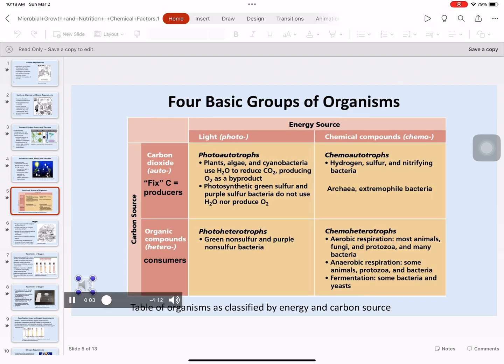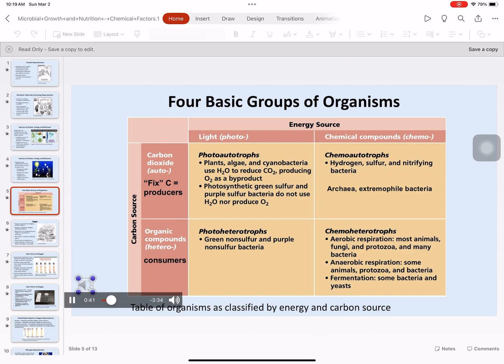This brings us to the four basic groups of organisms based on their carbon dioxide source and their energy source. So on the left side of our table, we have those that can fix carbon, that have carbon dioxide as their carbon source. Those would be autotrophs, such as green plants, that can fix carbon and are referred to as producers.